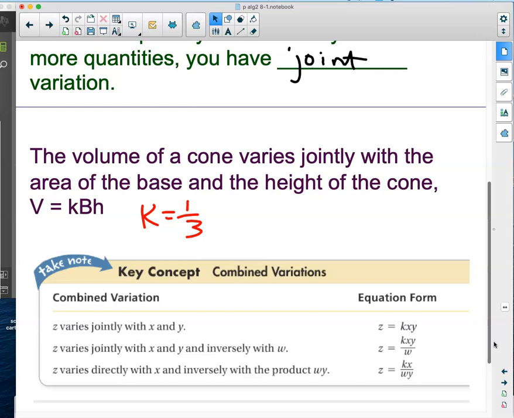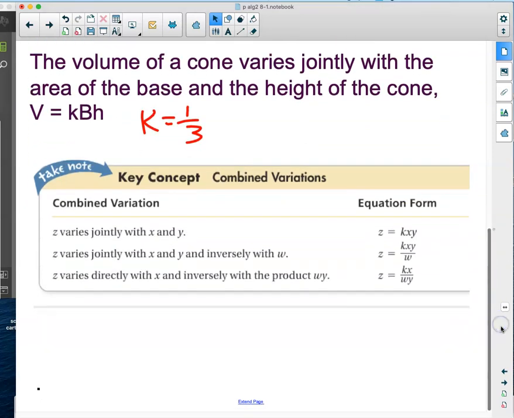So down here, combined variations. Reading these words, this is what we should be writing. Z varies. That tells me I have to have a k. Z equals k. Jointly, that's multiplication. Multiplied by what? With x and y. xy.